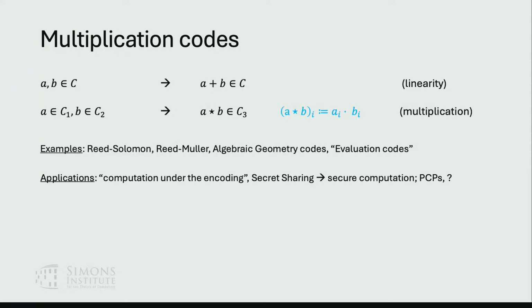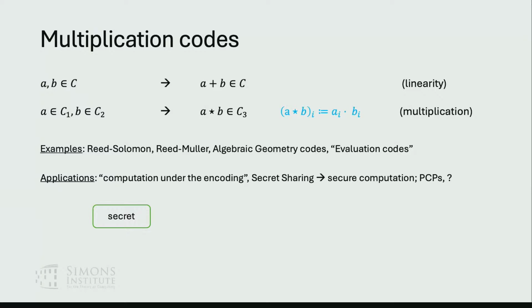So who wants multiplication codes? One end-to-end application that Yuval was telling me about yesterday is secret sharing. You encode data for various reasons, and sometimes you want to do computation on the data, so it's natural to want this kind of thing. Let me tell you how to take secret sharing one step up and do some kind of secure computation.